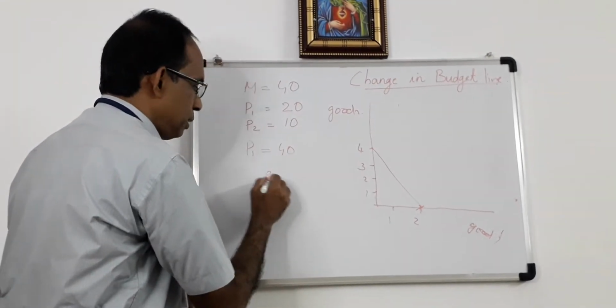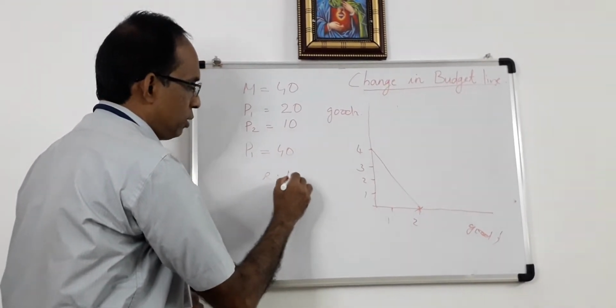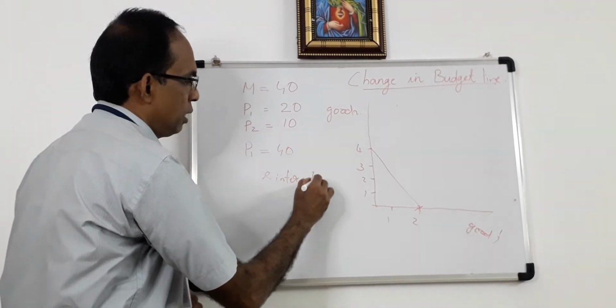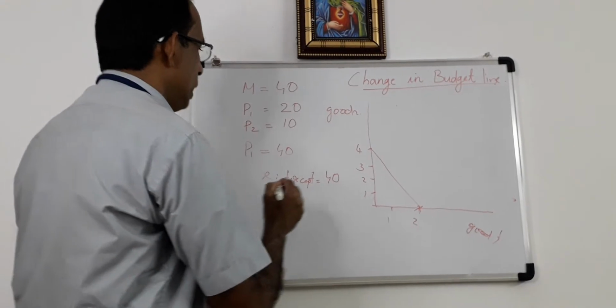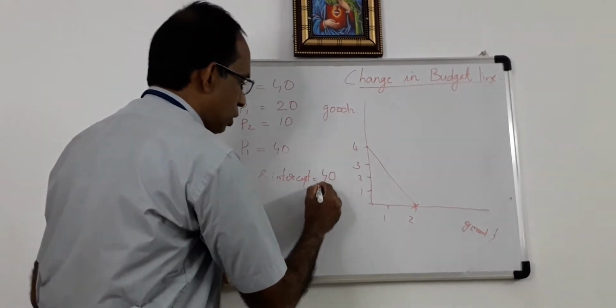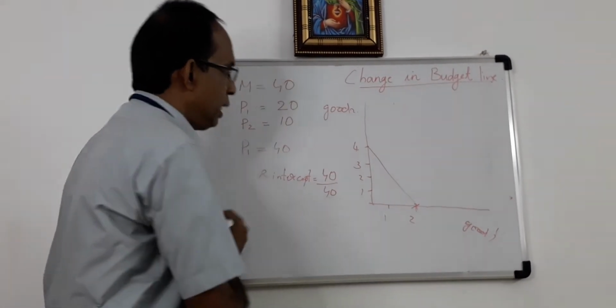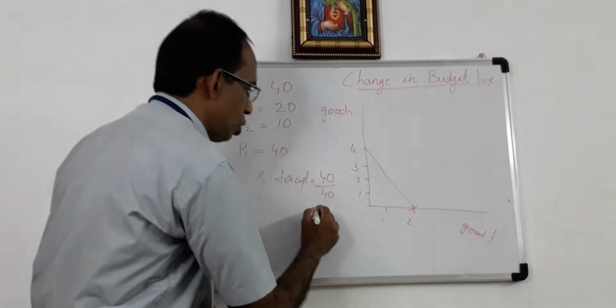Only the x-intercept changes. New x-intercept is 40 divided by new P1, which is 40. So 40 divided by 40 is equal to 1.